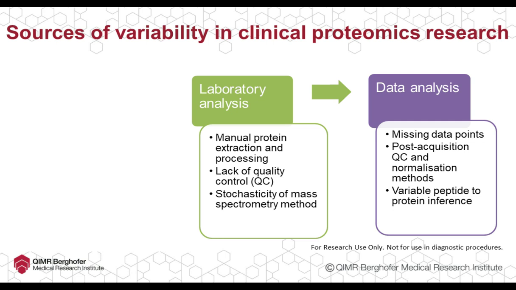So this is one of the points that should be considered in terms of designing the data analysis pipelines for the different types of mass spec acquisition methods. Further along in the data analysis workflow, there are QC considerations in checking that all of the different runs are good quality, the normalization methods, and again, the different algorithms used for peptide to protein inference could cause some variability in clinical proteomic research.